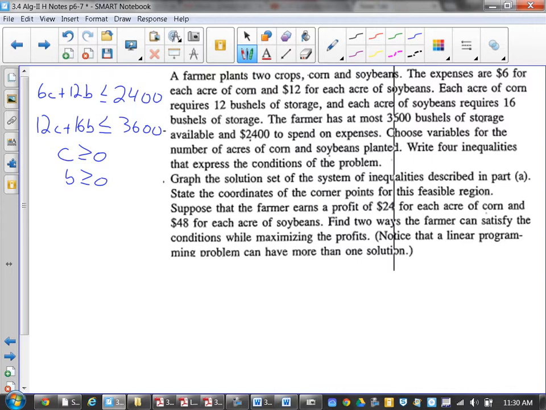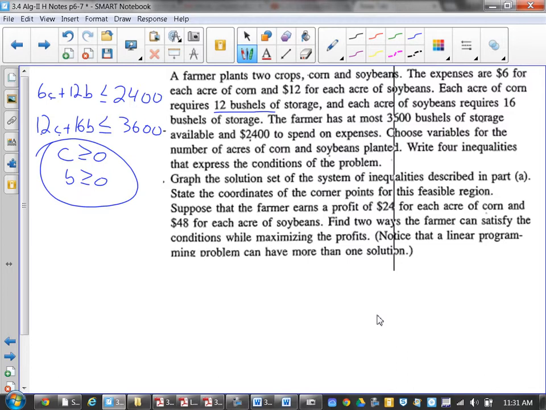What happens here is you're talking about the storage part. What this means is that you're not going to have negative values of corn or beans. What all this is saying is that for every acre of corn that you plant, and that's what the C value is standing for, every acre costs you $6, and you need 12 bushels of space.